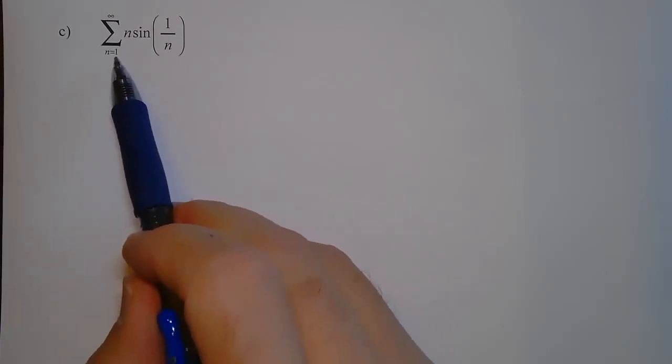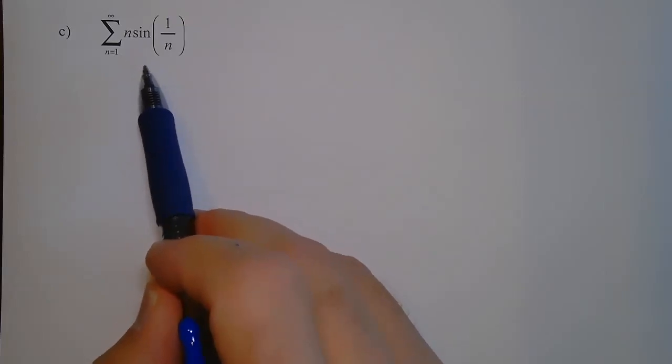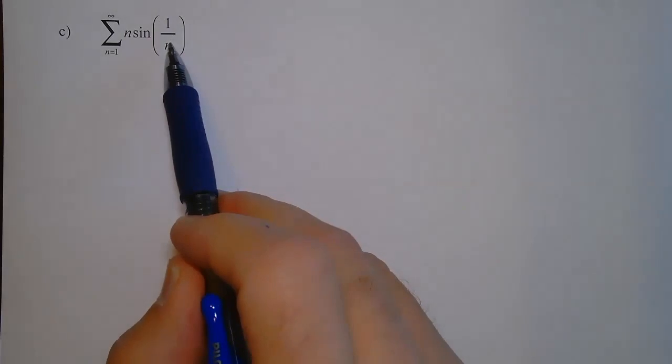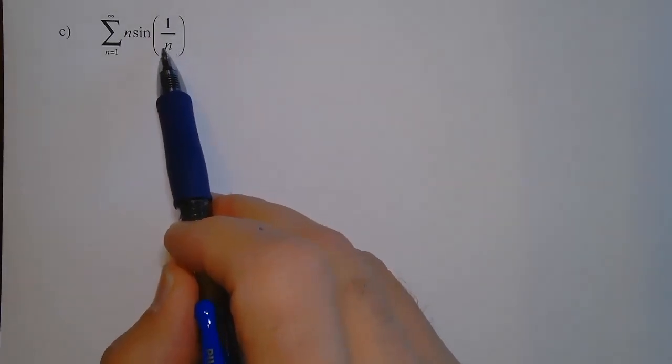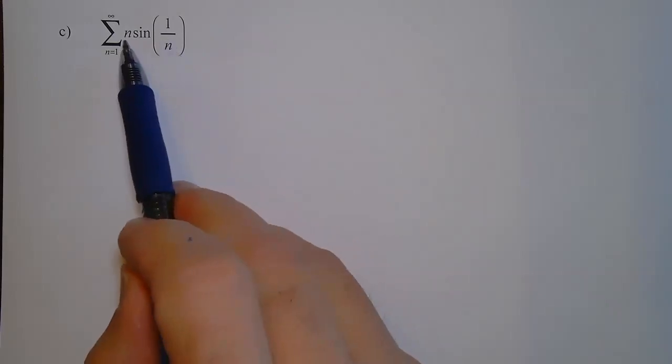All right, so looking at this next series, the sum from n equals 1 to infinity of n times sine of 1 over n. If you think about these terms, they keep getting bigger and bigger. As n keeps getting bigger, 1 over n gets closer and closer to 0, and this is going to be sine of 0, but n is going to go to infinity.